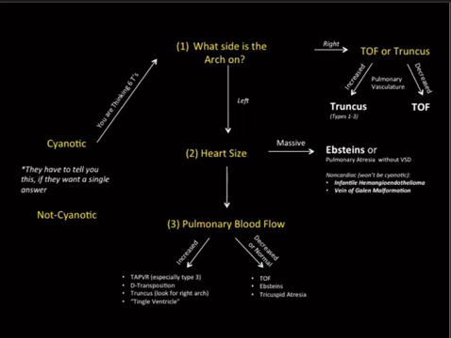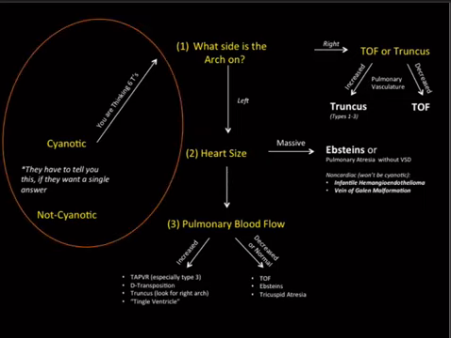Let's walk through. So the very first thing is, are you dealing with cyanosis or non-cyanosis? And it's very helpful when they tell you that in the question, and they have to because it's a clinical thing. What's this person's sats? Or they just straight up say this person's cyanotic. So that's this.